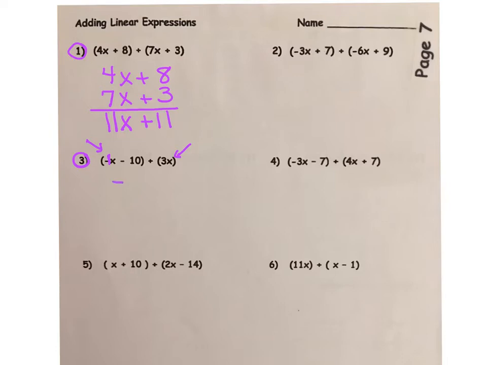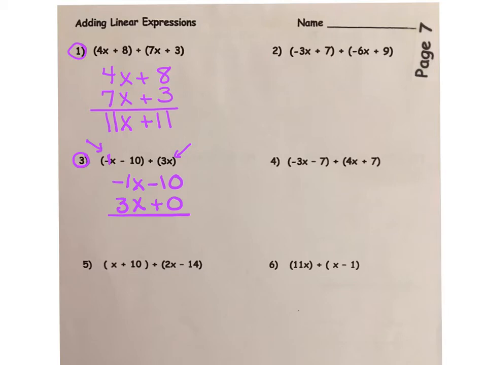When you stack it, make sure you put like terms one over the other. The 3x belongs under the negative 1x, and under the minus 10, let's put a holder, plus 0.